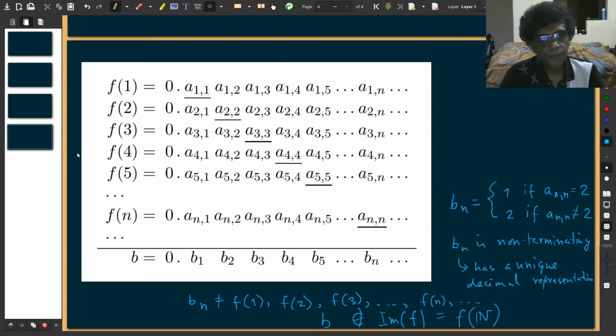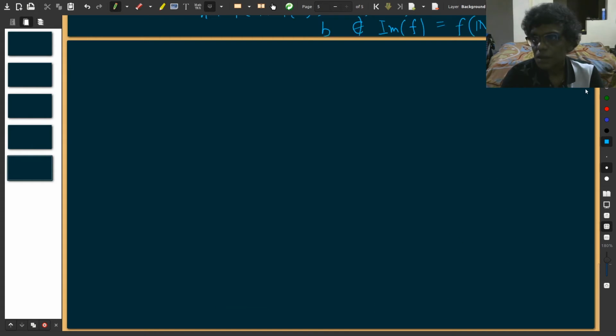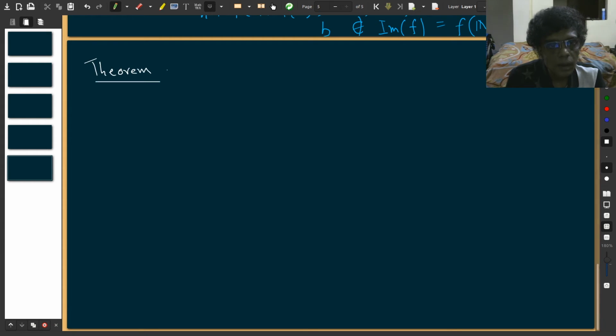Okay, fine. So, this proves our first uncountability result, that the real numbers are uncountable. So, next, it's a very similar proof. Let sigma be an alphabet.